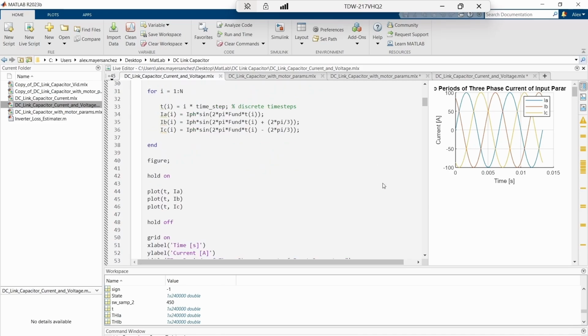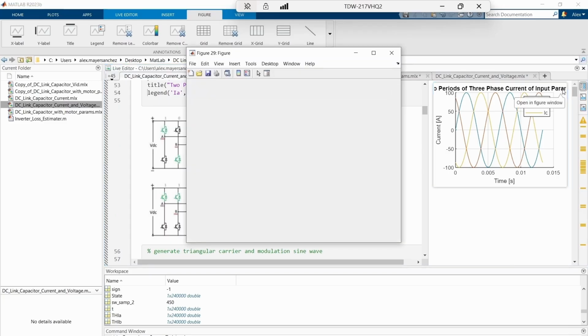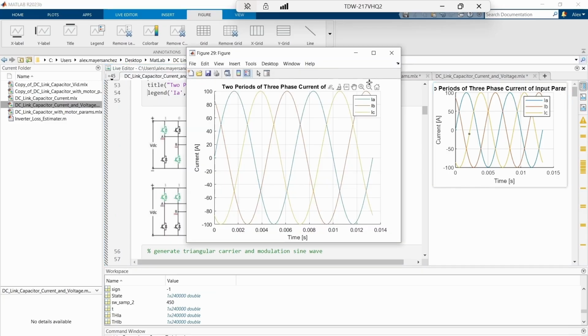So then here, I'm just plotting these three-phase currents just to see what we're going for. So this plot of these three-phase currents is basically the current we're driving in our load. That's going to be part of this, I guess you can call simulation.